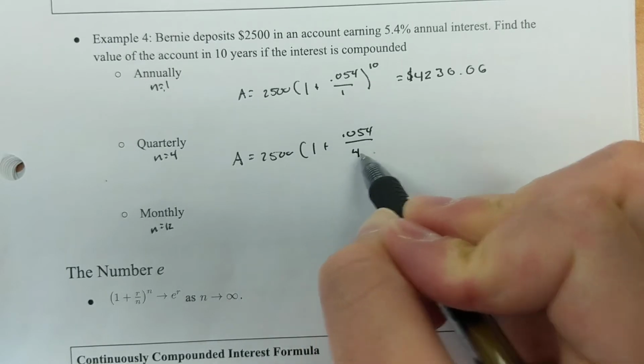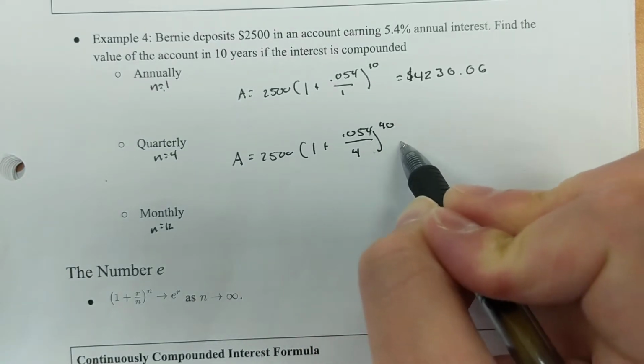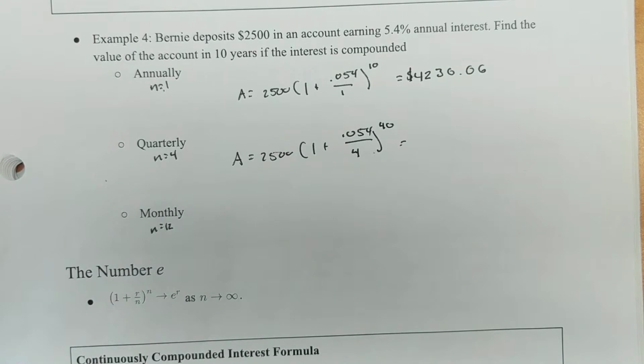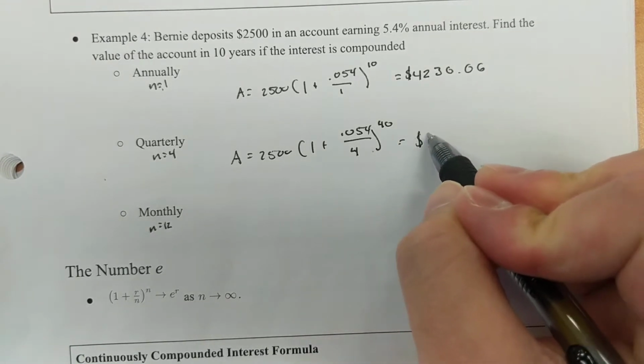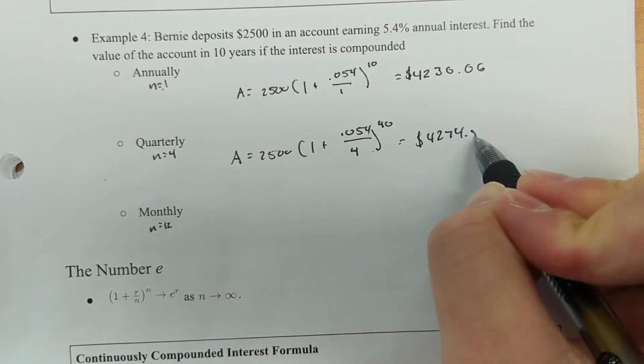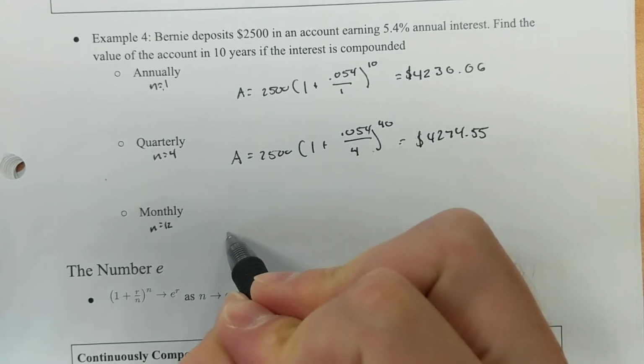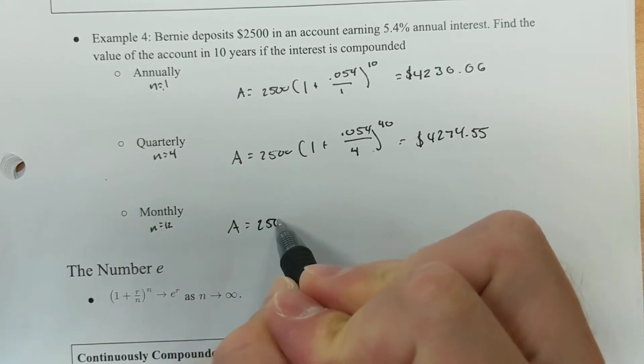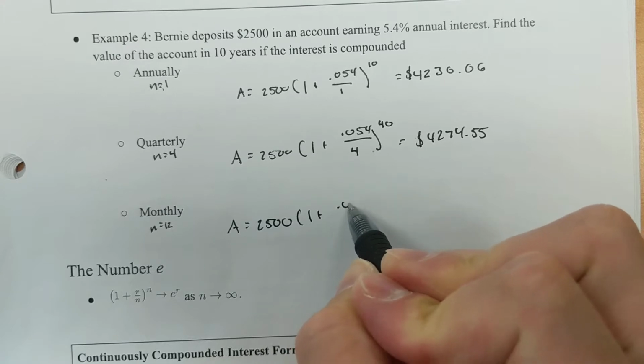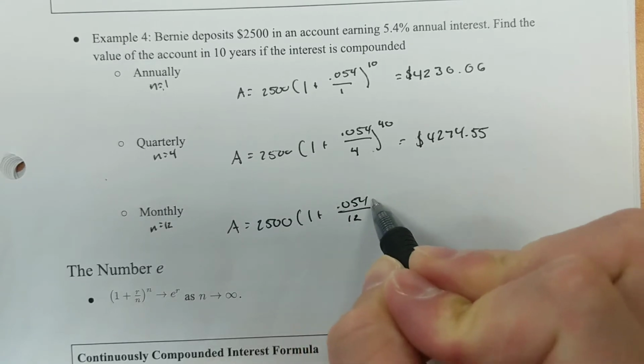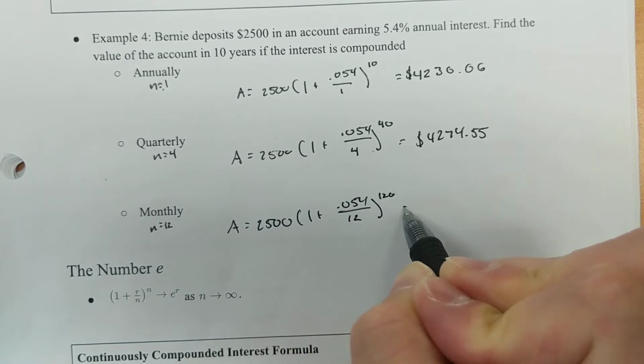For quarterly, almost everything's going to be the same, except n is now 4, and this is now 40, because it's 10 times 4. So 2,500, 1 plus 0.054 over 4, raised to the 40th. So this is $4,274.55. And then lastly, 2,500, 1 plus 0.054 over 12 raised to the 120th, 12 times 10.